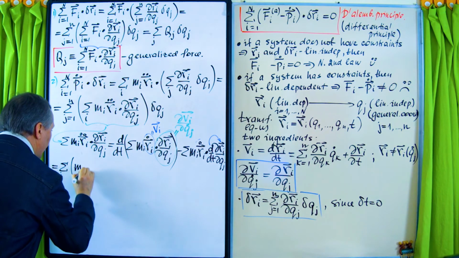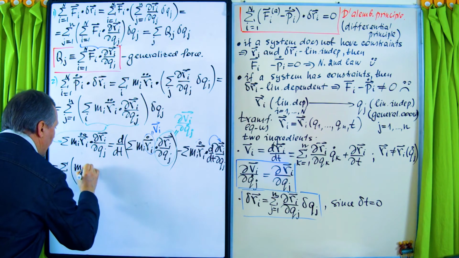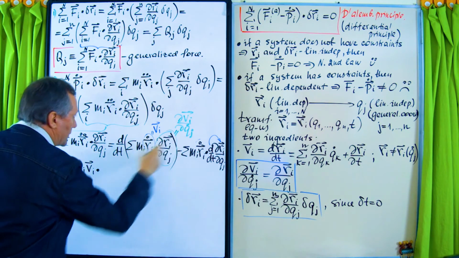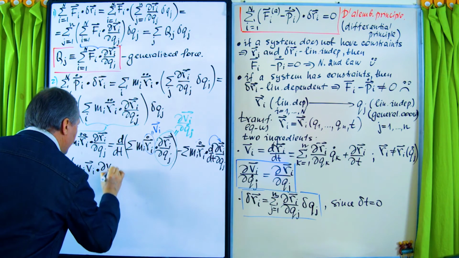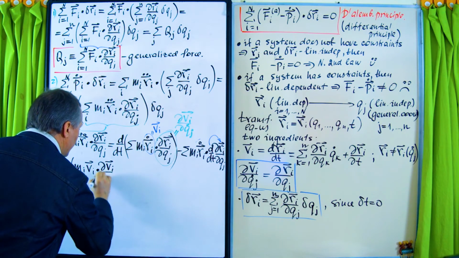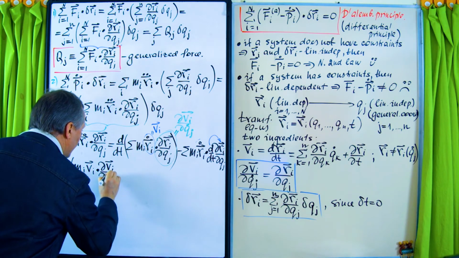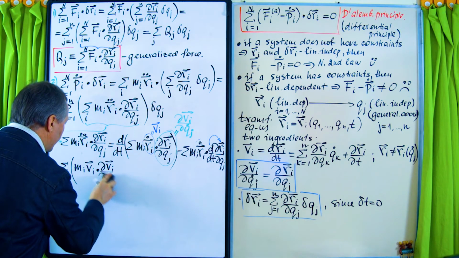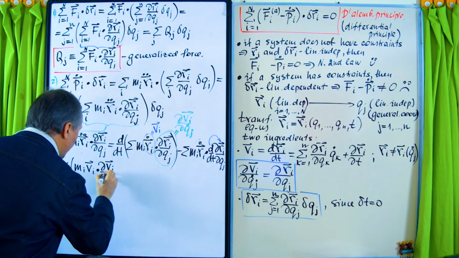So it will be mi vi dotted with this dvi over dqj dot. Okay, you know what, that dot will be difficult to see. Let me rewrite it, bring it slightly lower.